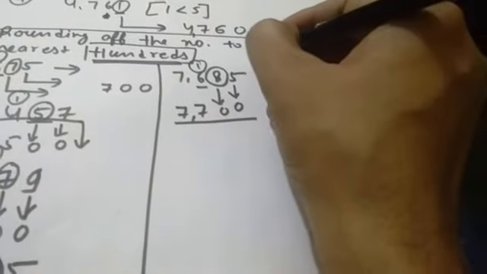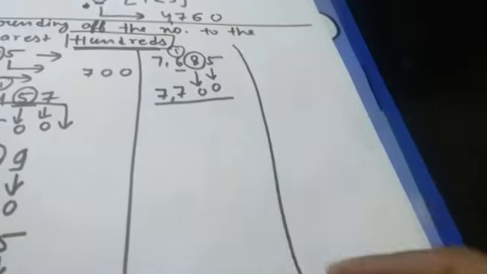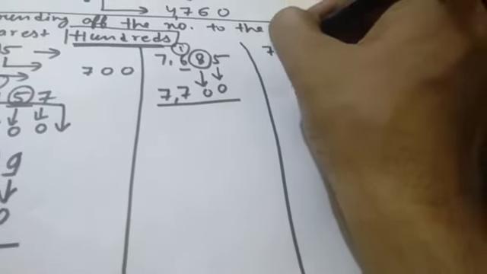Again taking another number, 7085. I will take different types of examples so that this will become clear to all of you. Observing digit will be the tens digit, which is 8.